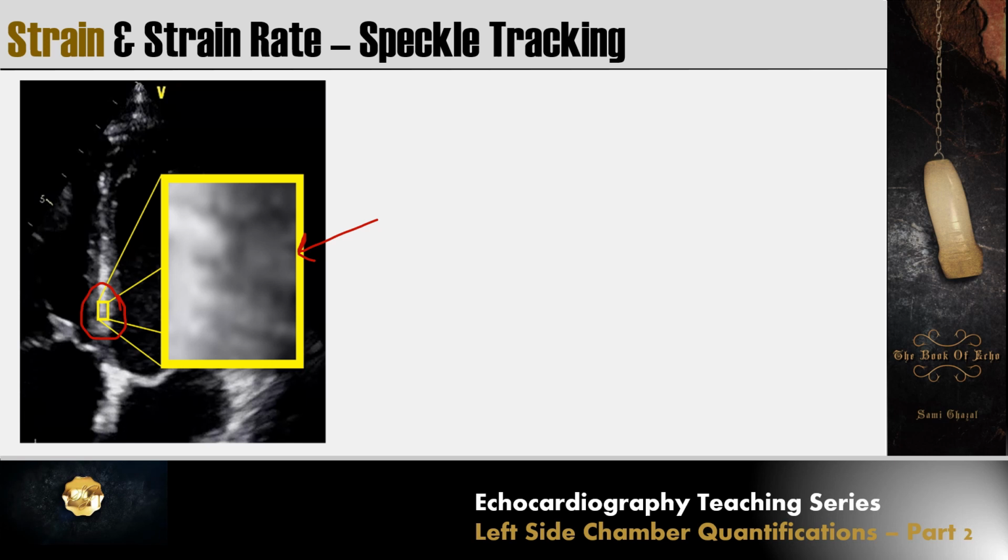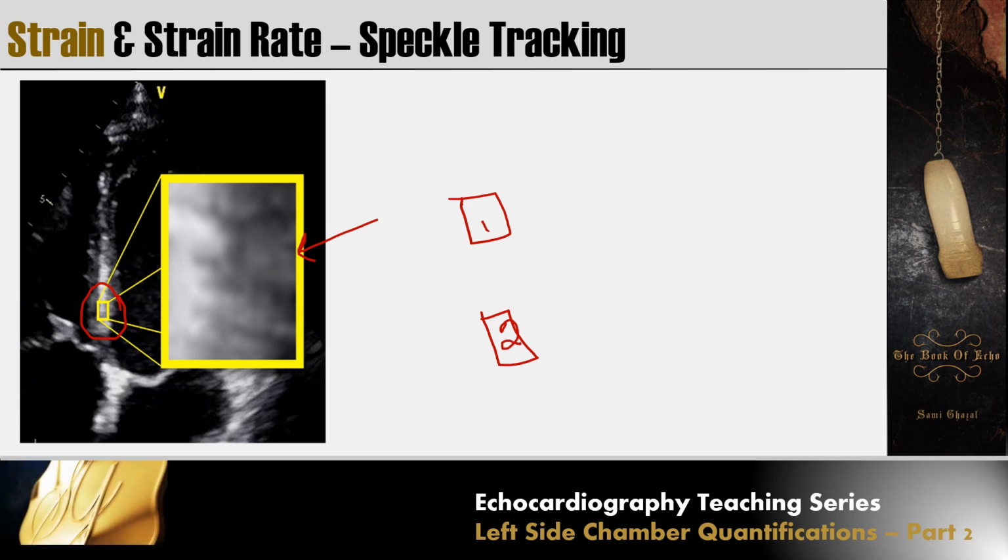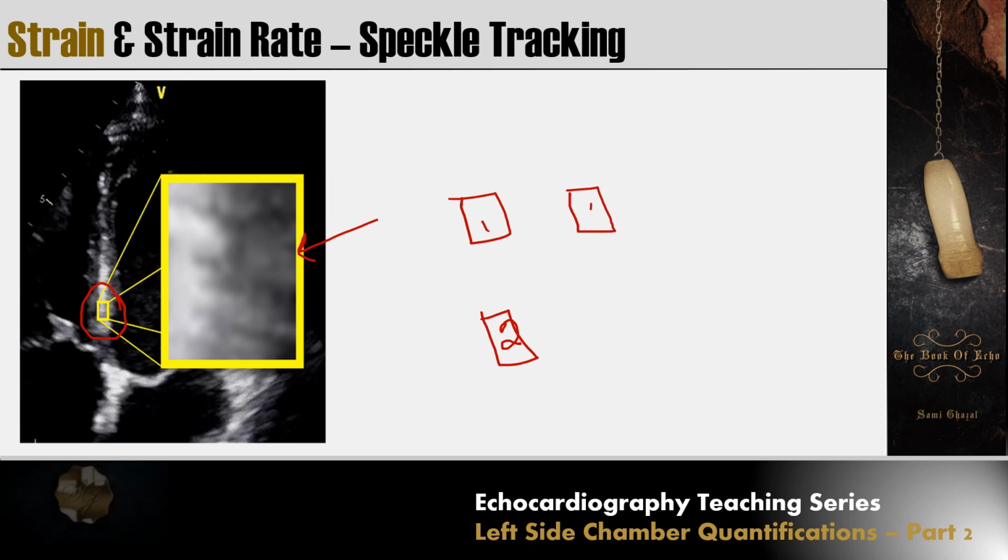So if you have two segments, let's say segment 1 and segment 2, you track them during systole, and then let's say by end of systole or peak systole, you'll have this is segment 1 and this is segment 2. Then you will know exactly the distance between them.